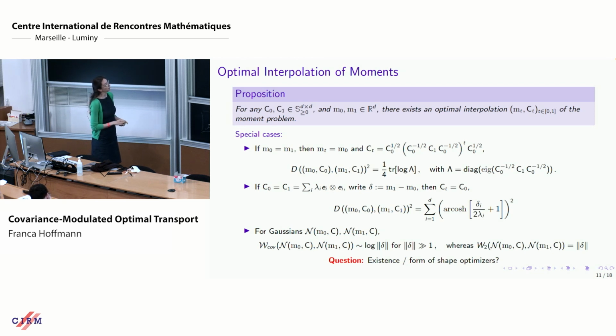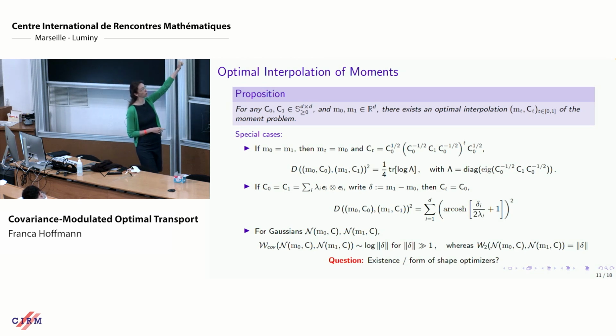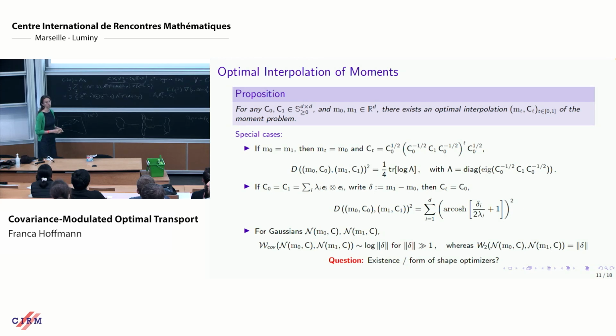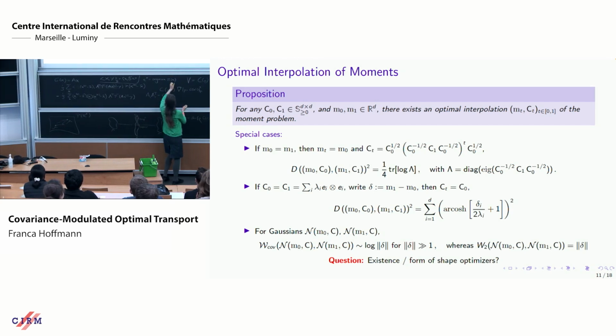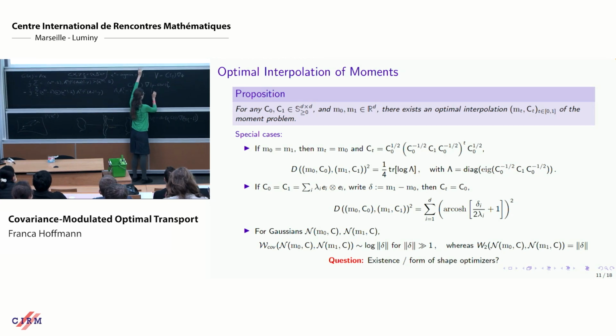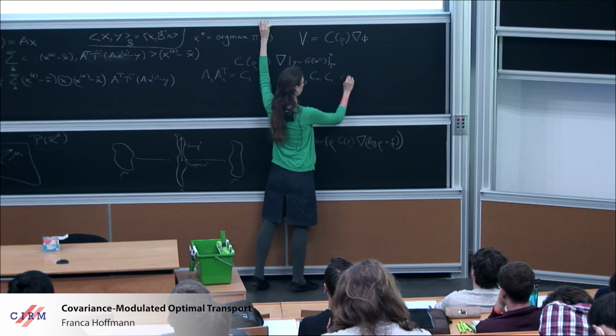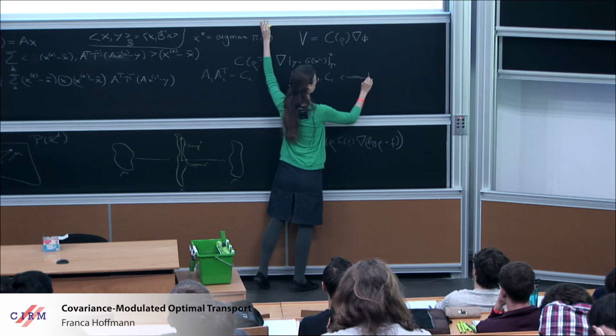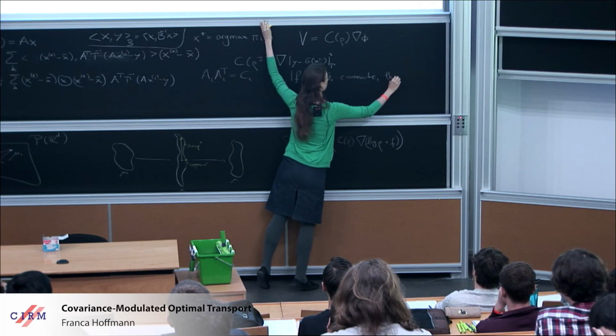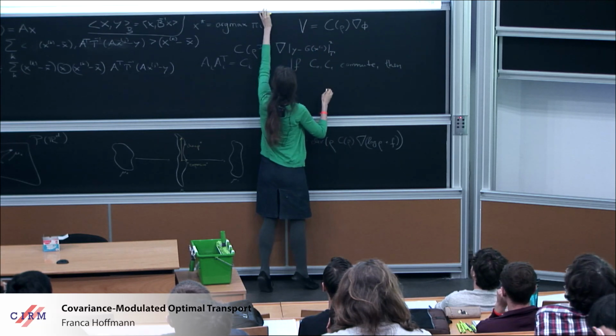And then for some special cases, you can find explicit solutions that you can write down. So if you have that the means are the same, for example, then you can write down the optimal covariance explicitly. And maybe to give you some intuition here also, so if your starting covariance and your end covariance commute, then this formula that you see up there simplifies.